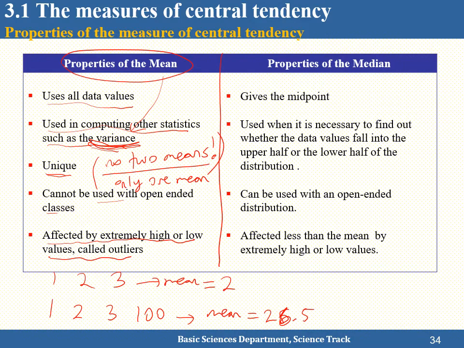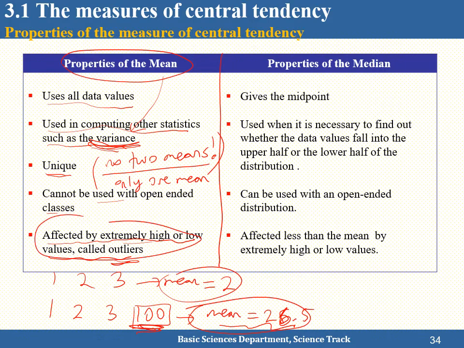So as you see, if you put just one very big number, which we call an outlier because it's extremely higher than the others, this will change the mean drastically. So the mean is affected by extremely high or low values.